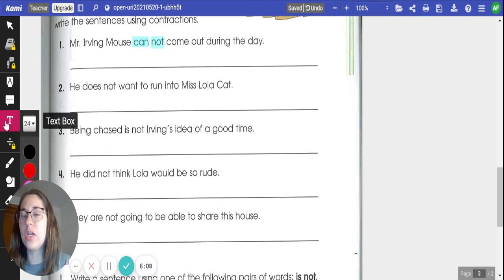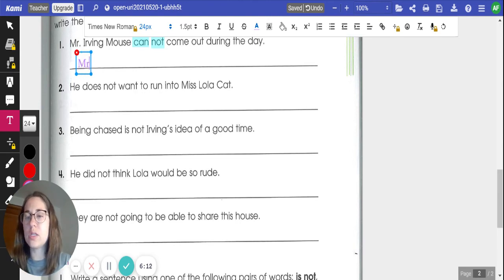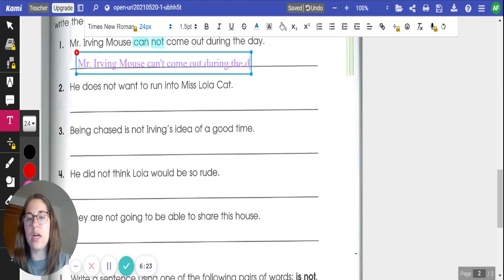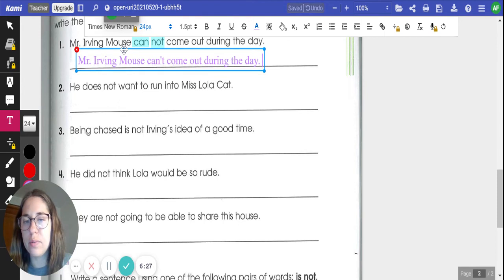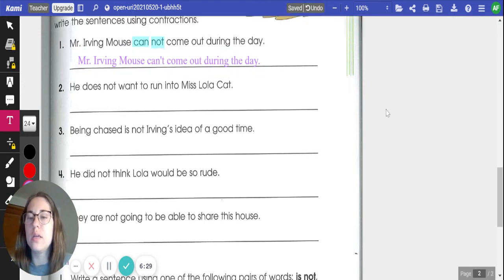And I remember that cannot becomes can't. So we will rewrite our sentence. Go ahead and write it with me. Mr. Irving Mouse can't, C-A-N apostrophe T, come out during the day. Get that copied down for number 1. Pause if you need to.